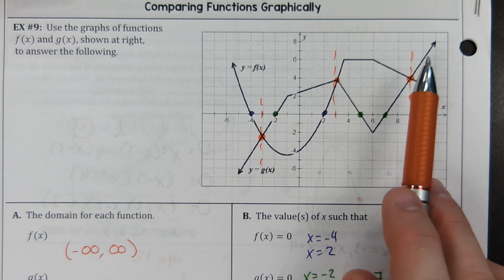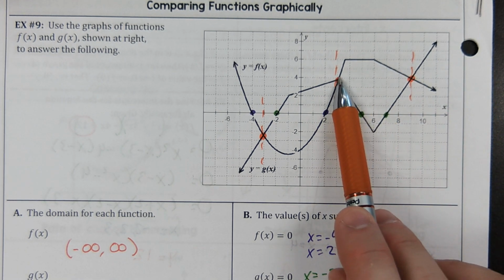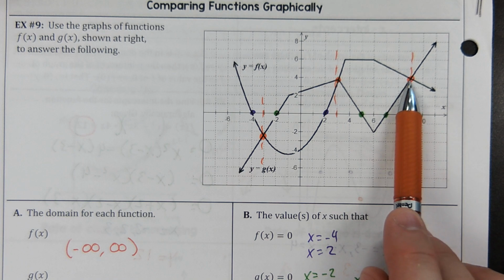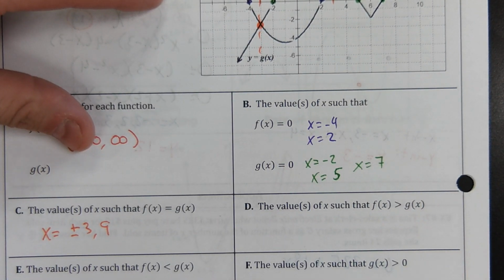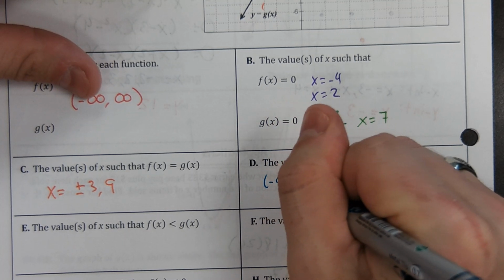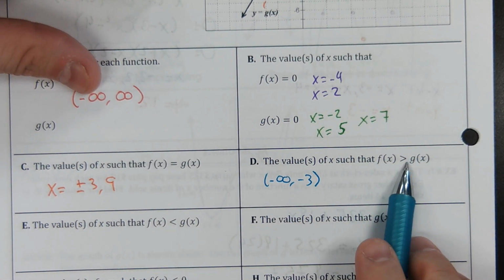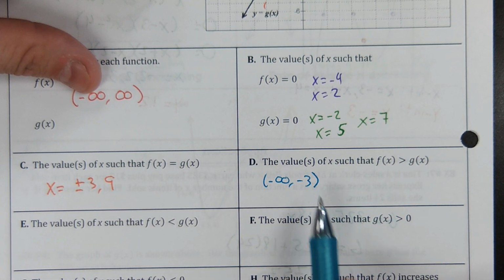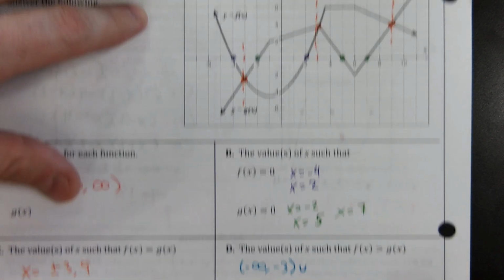And between these two dots, f is above again. So I have to the left of -3, and since this doesn't have an equal to bar, I can't put a bracket on this -3, and also from +3 to +9.